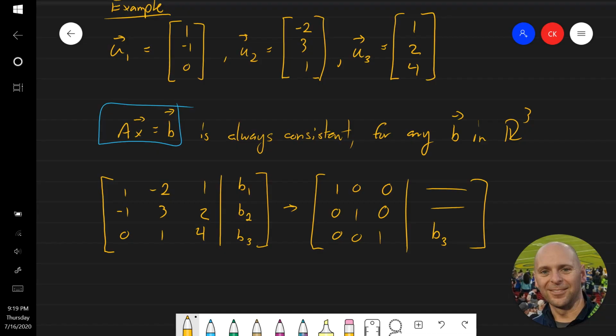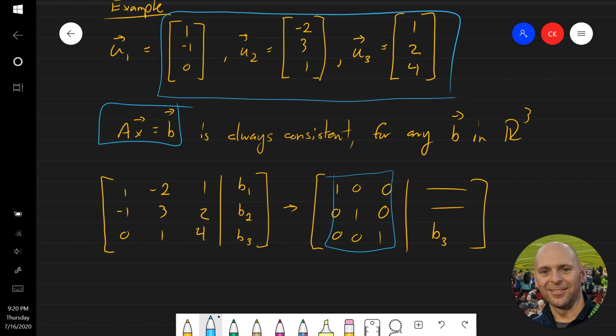Since the bottom row is not all zeros, we can say that this system is always consistent, and therefore the vectors are a minimum spanning set for R3, and as such, a basis for R3. So what we got here on the left-hand side is row equivalent to I, which would tell us that the vectors we started with are linearly independent. And now we have three linearly independent vectors in R3.